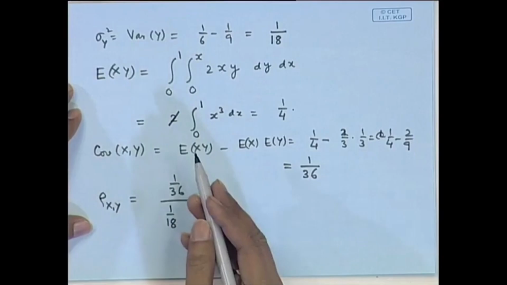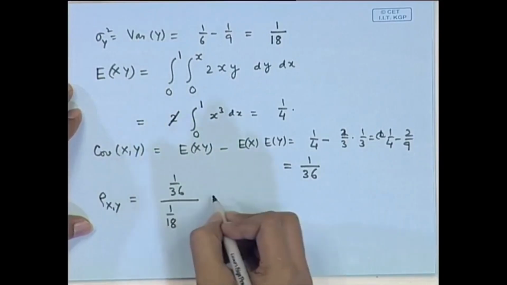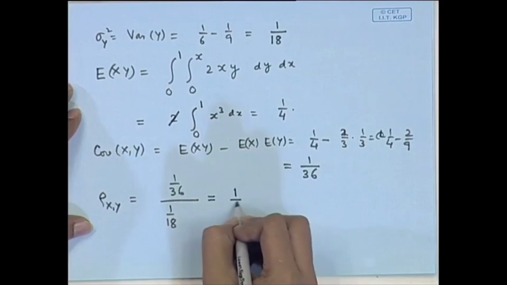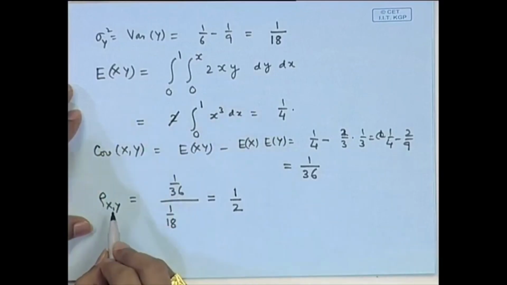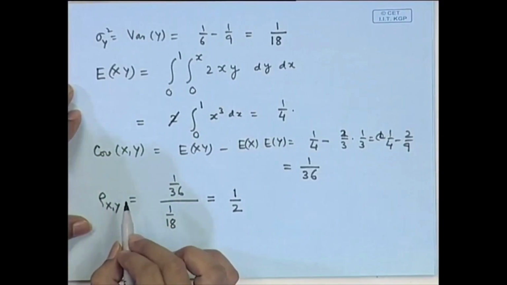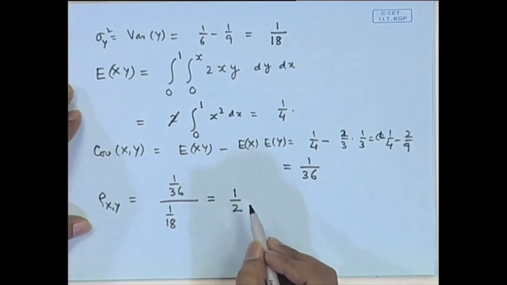Both variances of x and y are 1 by 18. So, sigma x into sigma y will be 1 by 18. So, it is equal to half. So, this shows that there is a moderate degree of positive linear relationship between the random variables x and y.